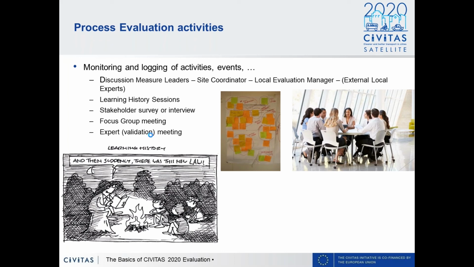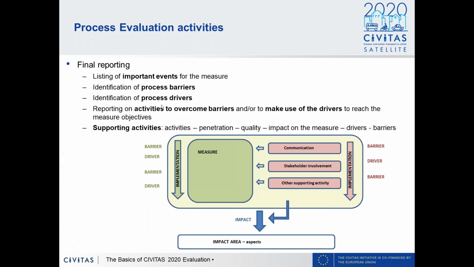And so this could and should lead at the end to a good understanding of what we already indicated. What are the barriers for the implementation? What are the drivers for implementation? And of course also what actions were taken to overcome these barriers.